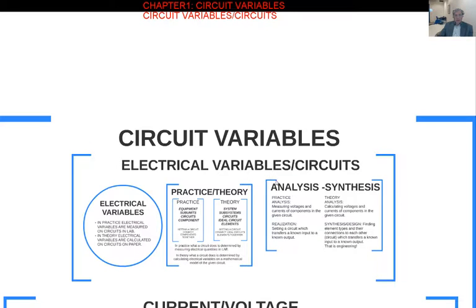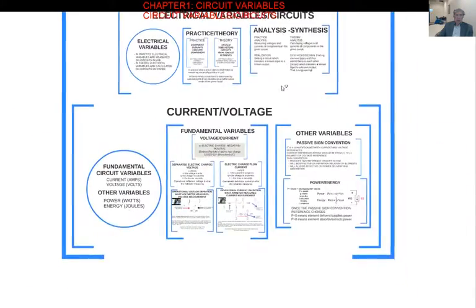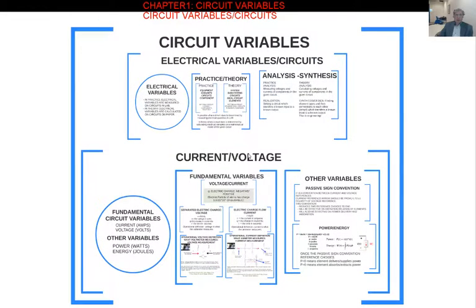Fundamental electrical variables are the current and voltages. So we could see this next frame that we are going to explain. So in order to mention directly the current and voltage, we made an introduction starting from the circuit and the operations that we do on circuits, analysis and synthesis. And then we will be explaining these fundamental variables and the other variables next step.